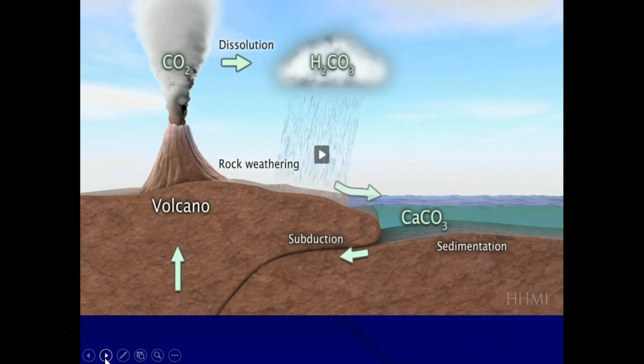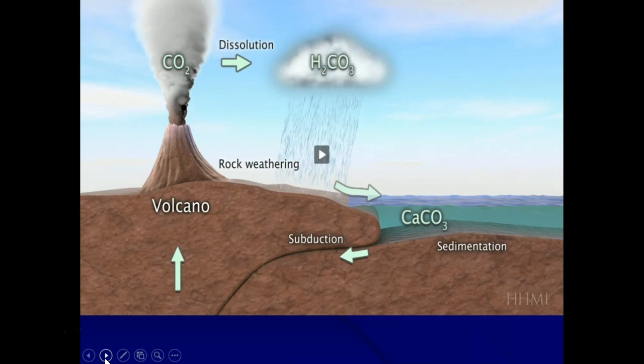Now, because we live on a very active Earth with big tectonic plates, that limestone eventually gets subducted, especially if it's in the ocean, underneath the continent, and that limestone will go down deeper and deeper into the earth and melt.